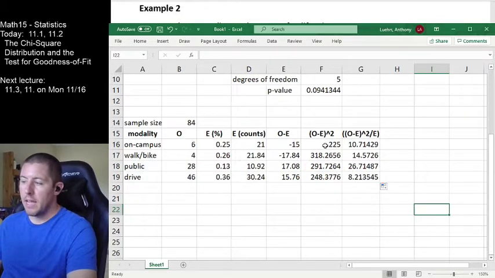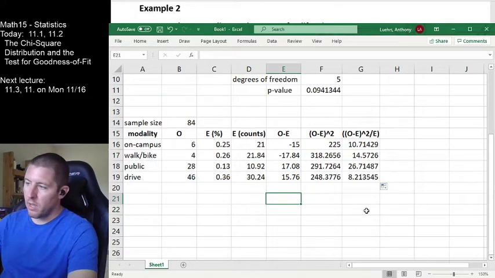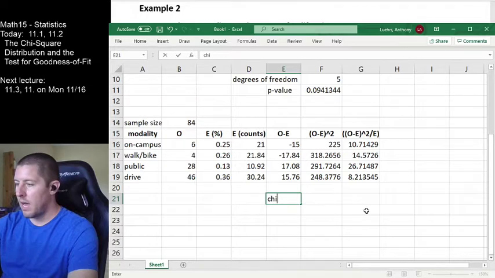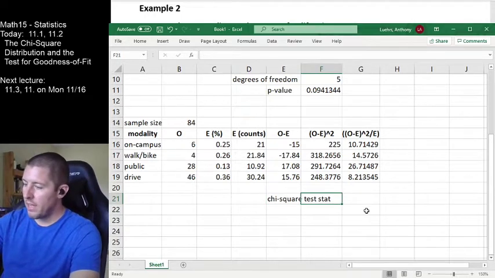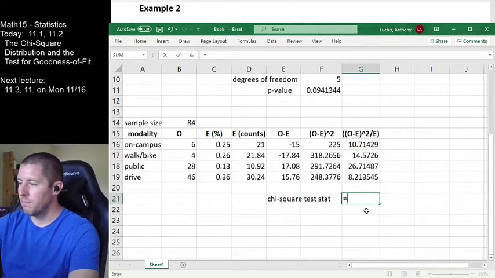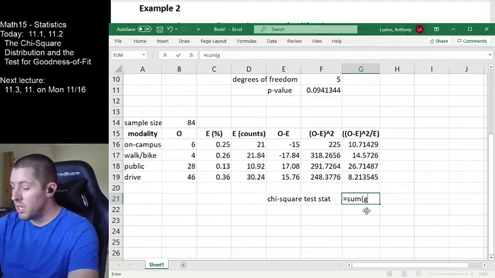All of these had some pretty decent deviation from their expectation. And so now we can add these up. This is our chi-square test statistic. And that's just equal to the sum of this column, G16 up through G19.